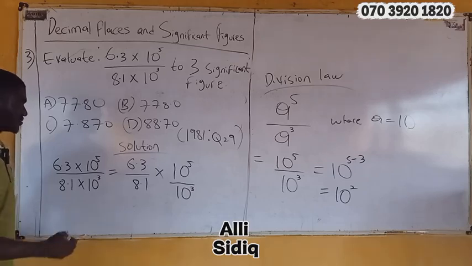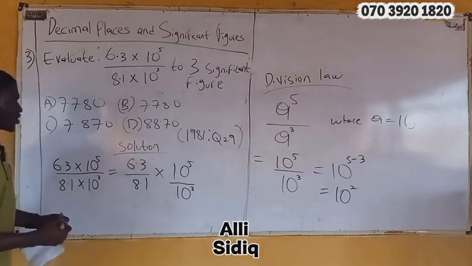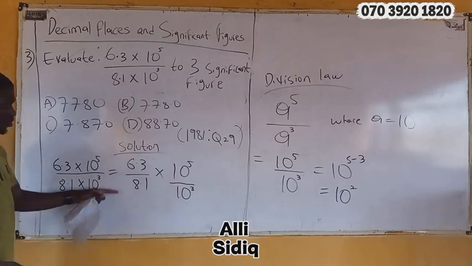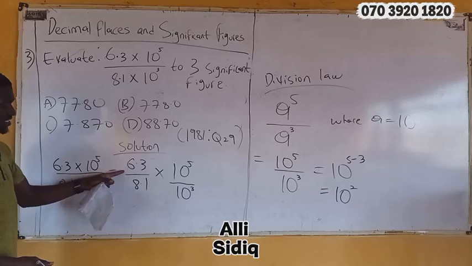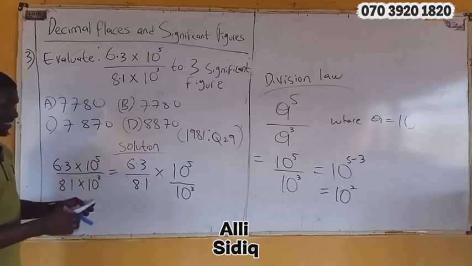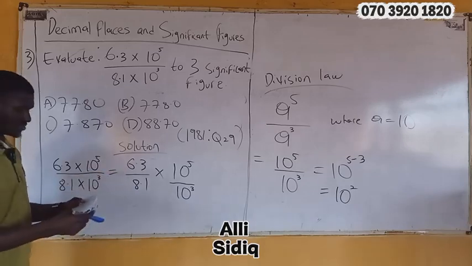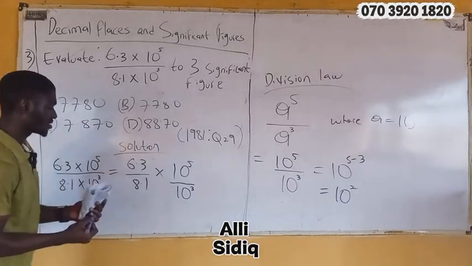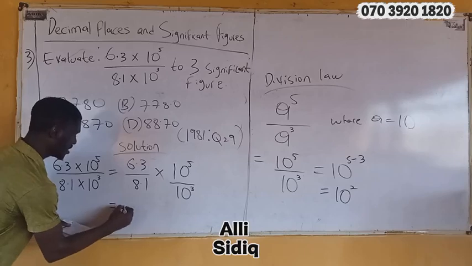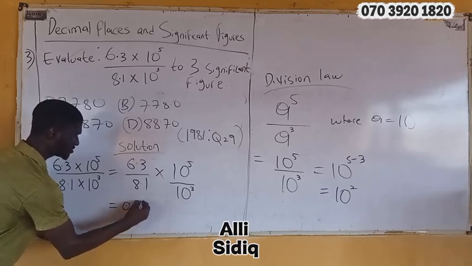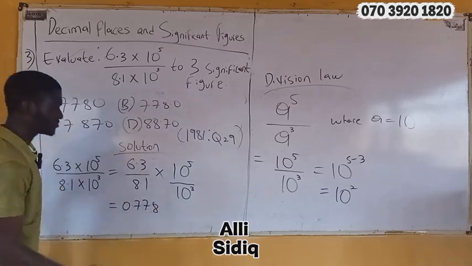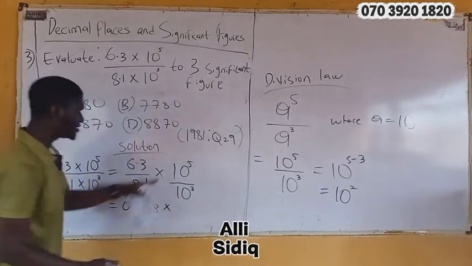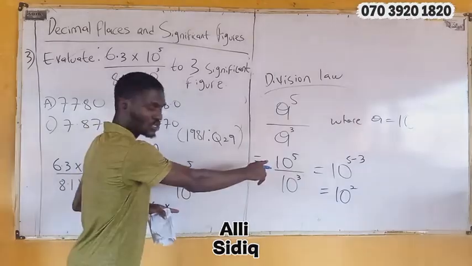So from here, you just take your calculator, go to your JAMB calculator and do the division of 6.3 divided by 8.1. I've done that already and I got 0.778 times this. No, I'll explain to you here.